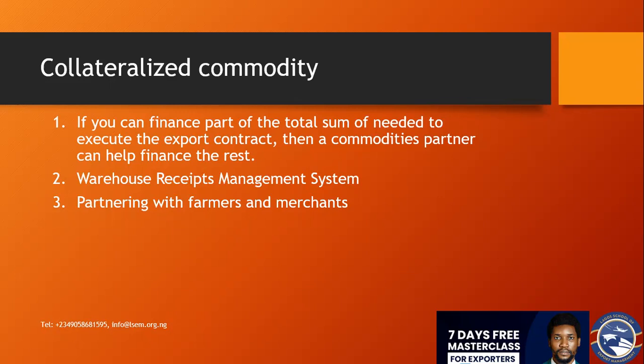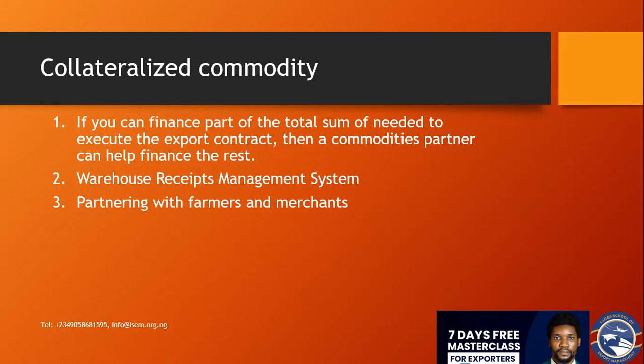So let's say what you are exporting is cashew nuts and you need 1 million naira, or 10 million naira, or 100 million naira to buy these nuts to fulfill the terms of trade. If all you can buy is, let's say, 5% or 10% of that commodity, you can have an agreement with your bank that says the value of this contract is 100 million, but I have 5 million that I can use to buy commodity.